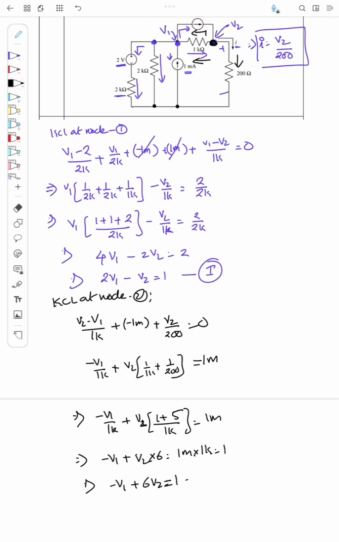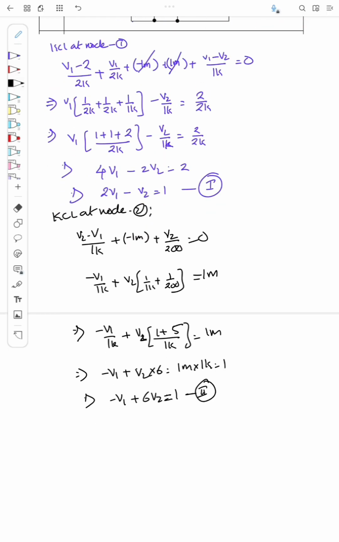What is the requirement? I need to find V2. From equation 1 and equation 2, I will eliminate V1. I will multiply equation 2 by 2 and get minus 2V1 plus 12V2 equals 2. This is equation 3.